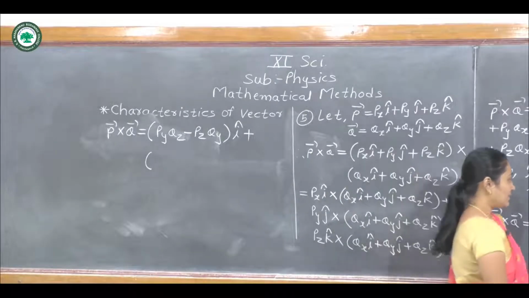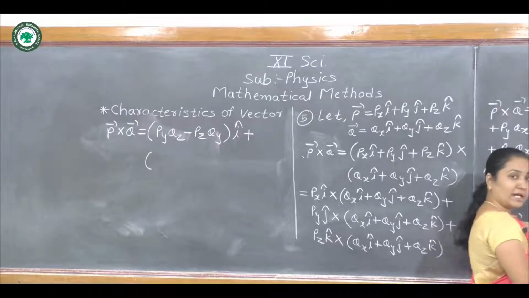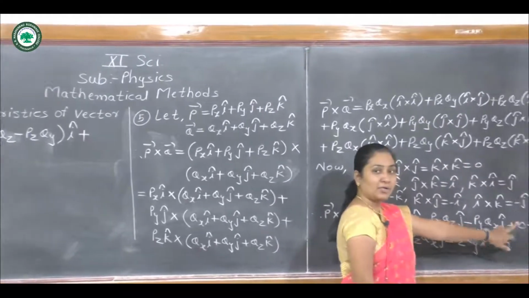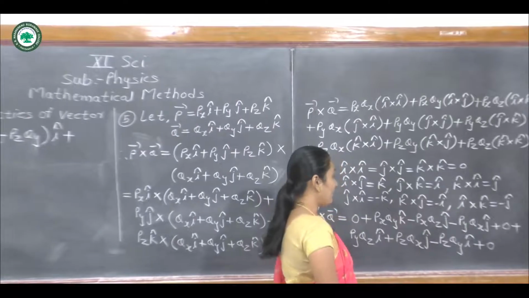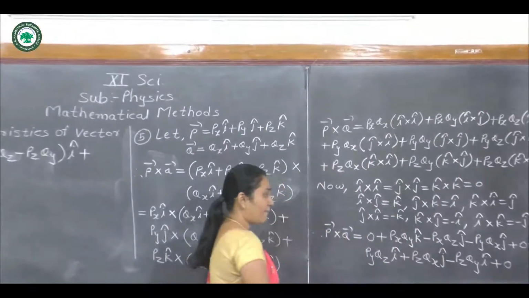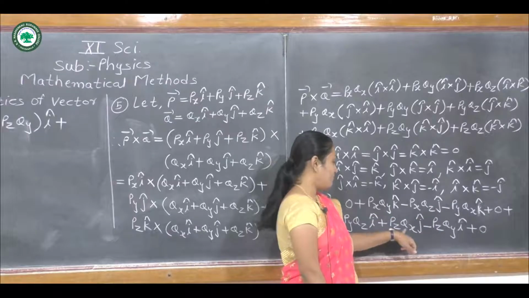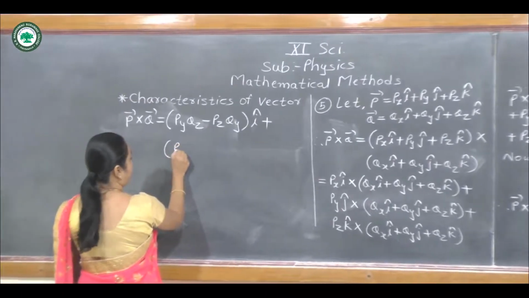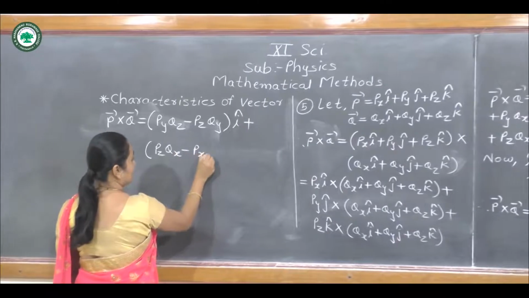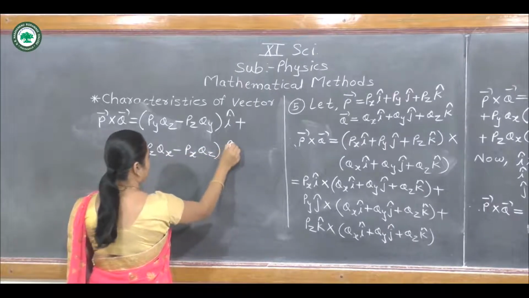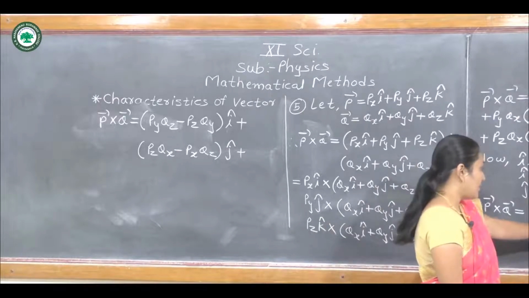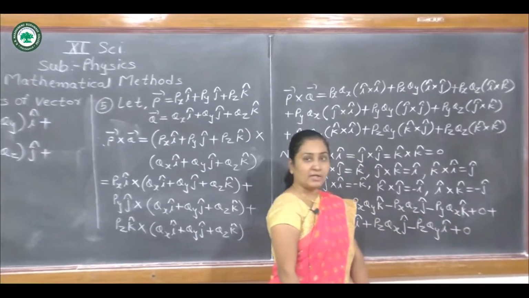So for finding j cap as a common vector, we have px qz and pz qx, so we can write here in bracket pz qx minus px qz into j cap, plus for k cap we can write px qy minus py qx.